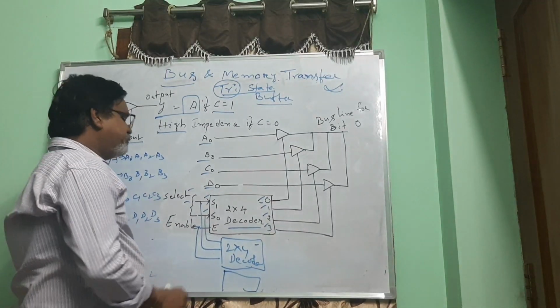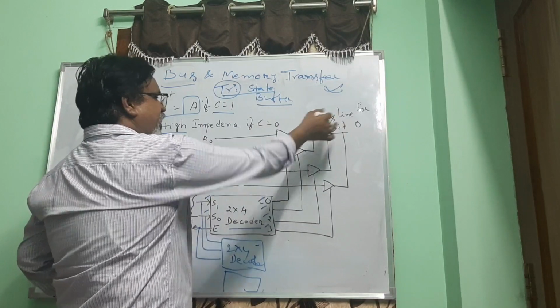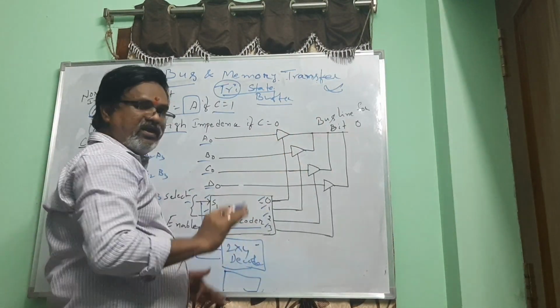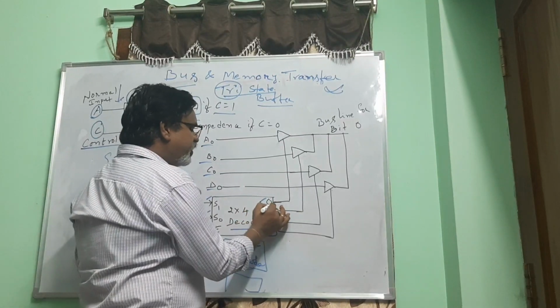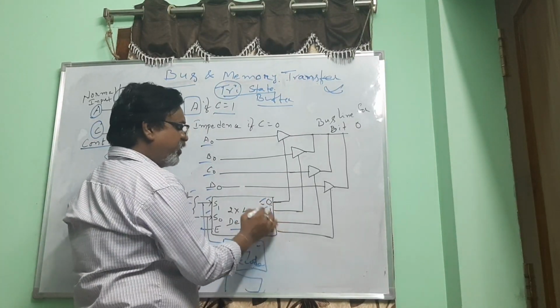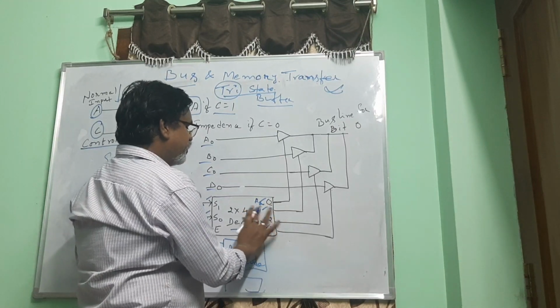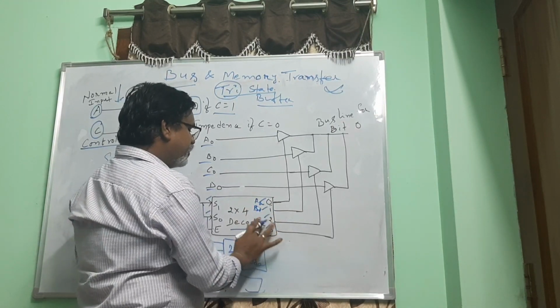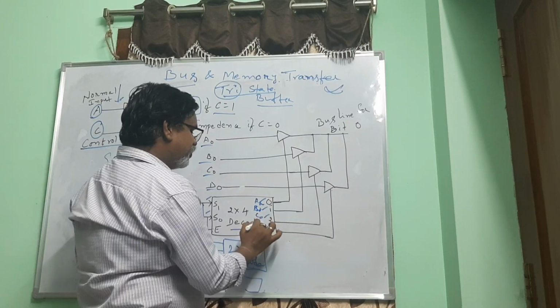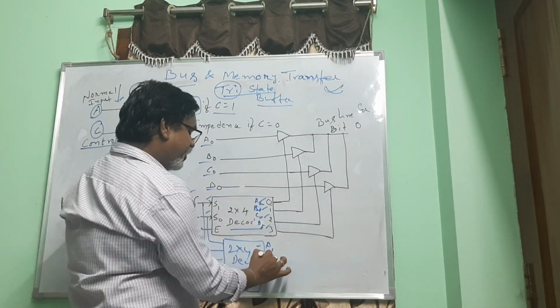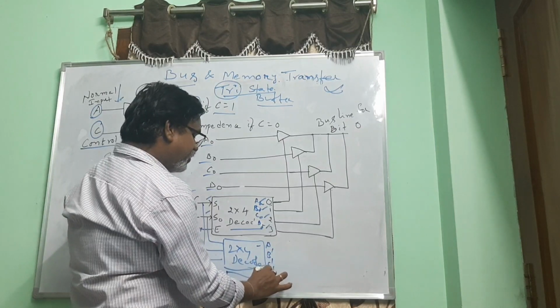Now you see here whether A0 is transferring, B0 is transferring, C0 is transferring. Here 0 means it is not A0, A1, A2, A3; it is meant for A0, B0, C0, and D0. The next decoder is for A1, B1, C1, D1.